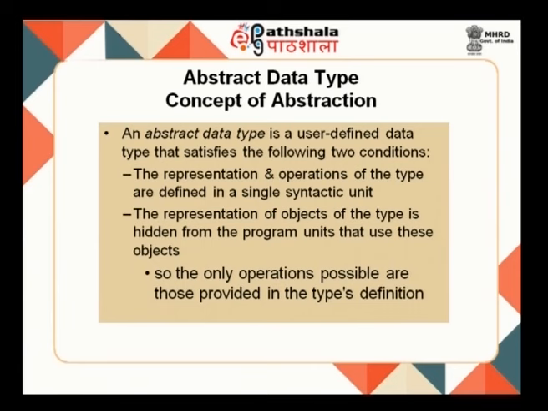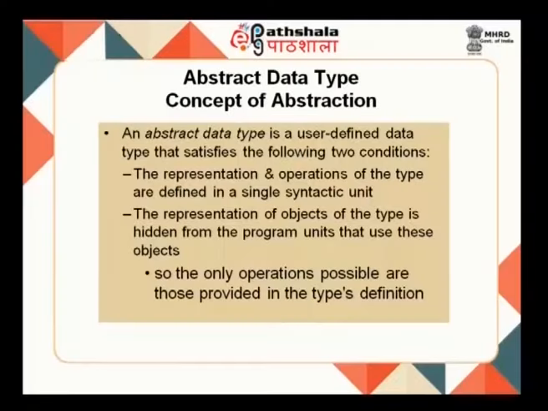The representation of the objects of the type is hidden from the program units that use these objects, that is, the implementation and representation is not known to whoever is using these objects. The only operations possible with that data type are those provided in the definition. The definition gives the operations available for this data type, and only those you can use.